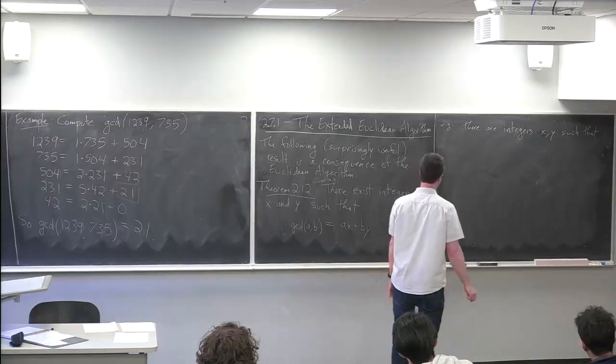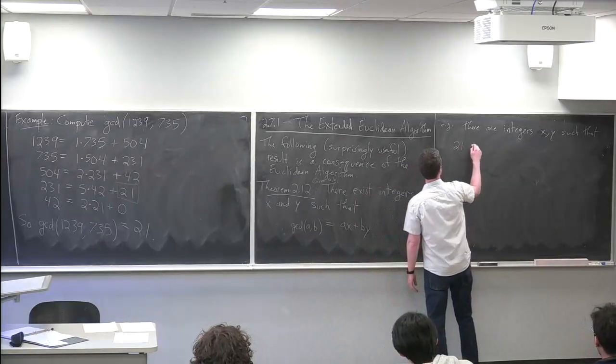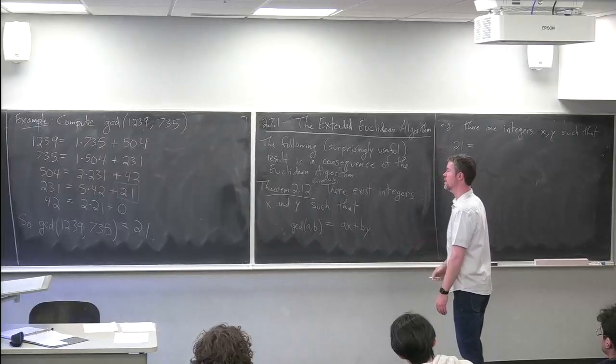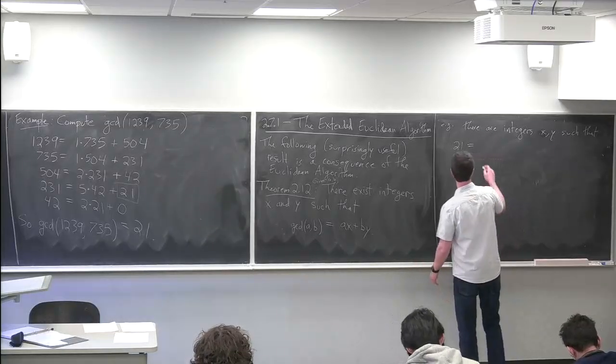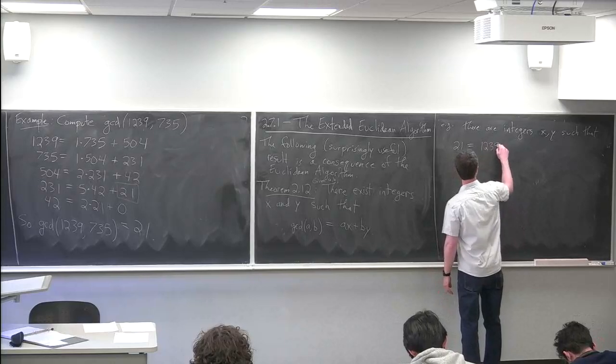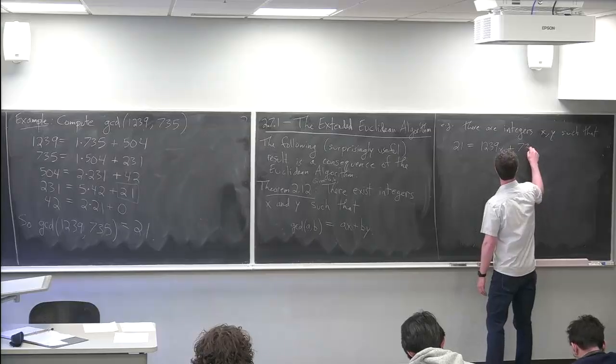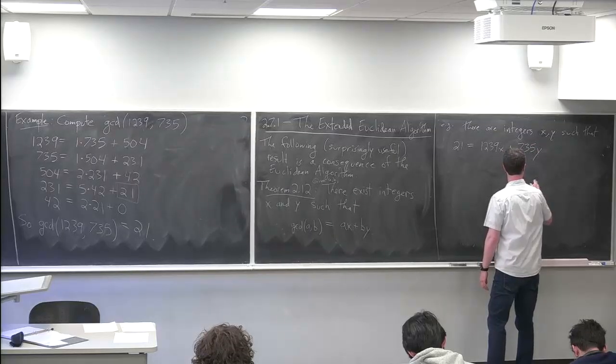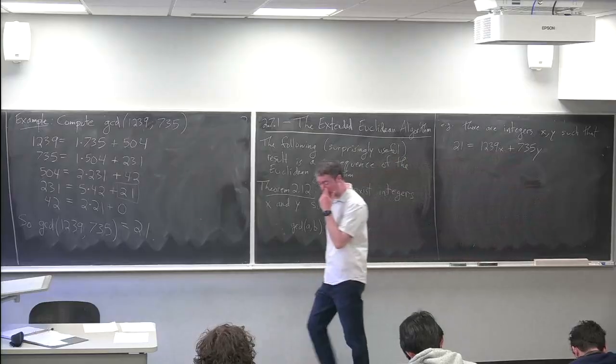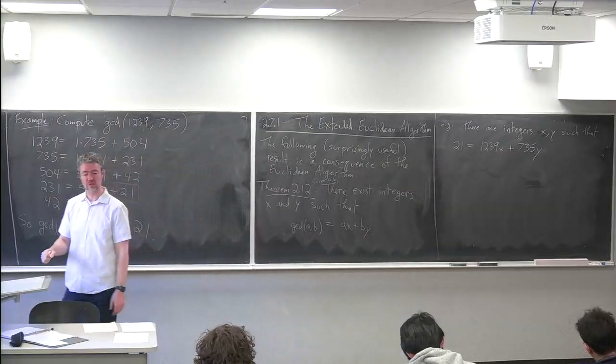The GCD we got here was 21. So 21 can be written as 1239 times x plus 735 times y. Like that. That's what it's asserting. It's possible to find numbers to make that true.